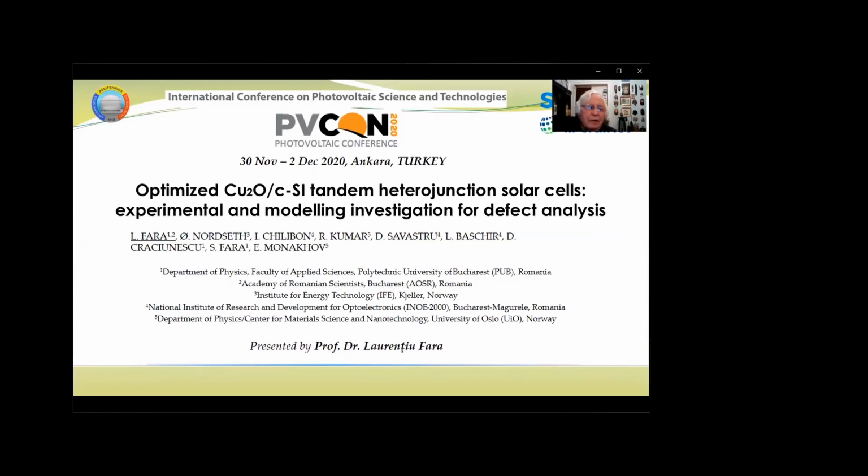Within this project cooperated two units from Romania, the Polytechnic University of Bucharest and the Research Institute for Optoelectronics, INOE, and two research units from Norway, respectively the Institute for Energy Technology and the University of Oslo.